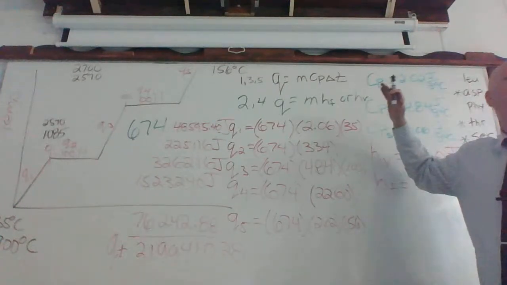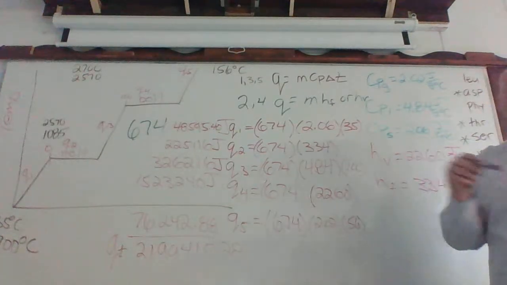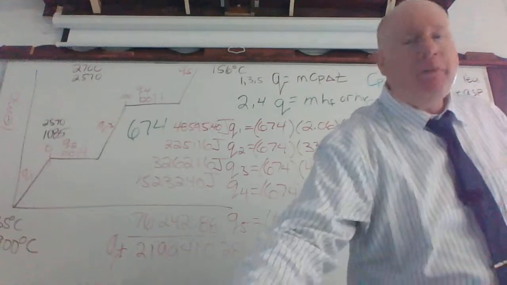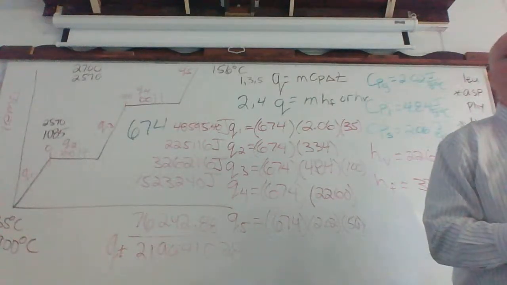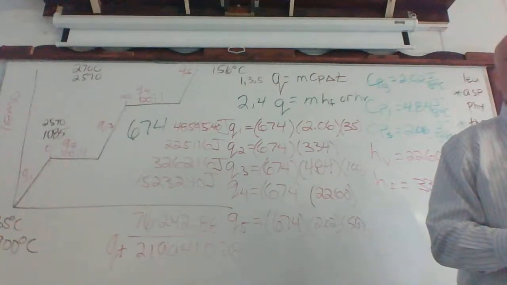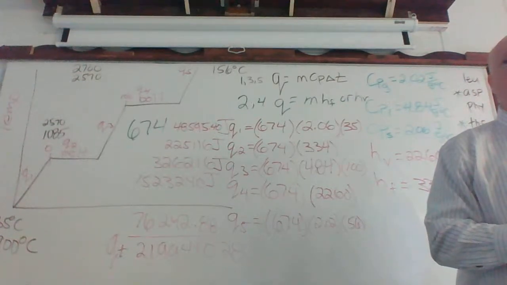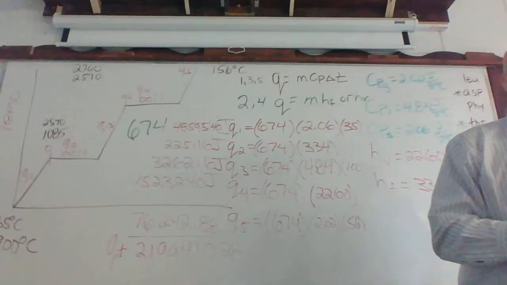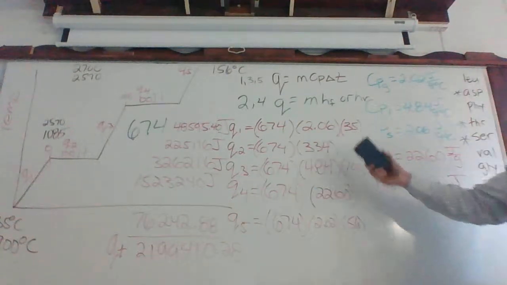Other than putting them in order and not making a mistake punching in the calculator, that's probably the hardest part. But that one with the copper, that's the 5-step problem.